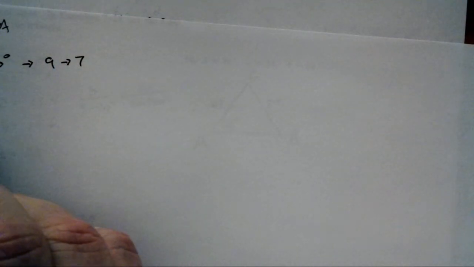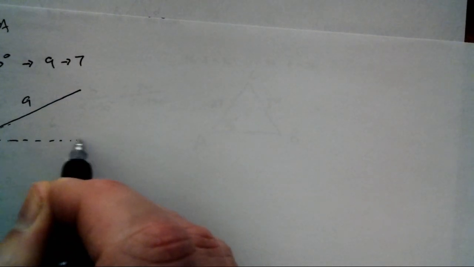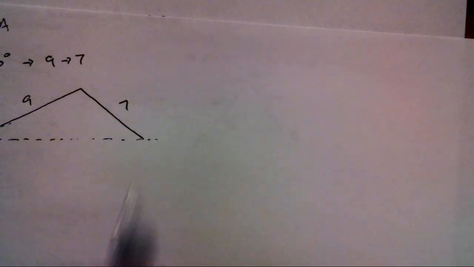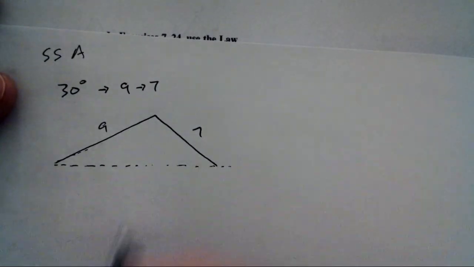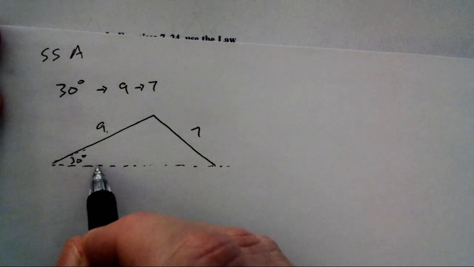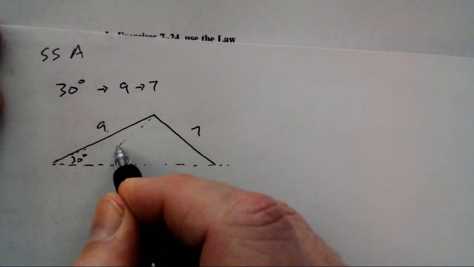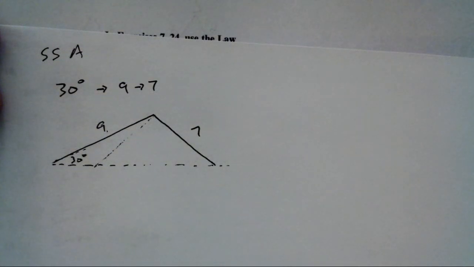So I'm going to just sketch out, here's our 30-degree angle, and I'm going to say this side is 9. And that angle points out here. Just think of it as like being a laser pointer. And I could say, well, there's a 7 right here. Okay, so there's our triangle that has a 30-degree angle, a 9, and a 7. But so does this triangle, 30, 9, and perhaps that 7 comes back this way. Seems reasonable that that could be 7.